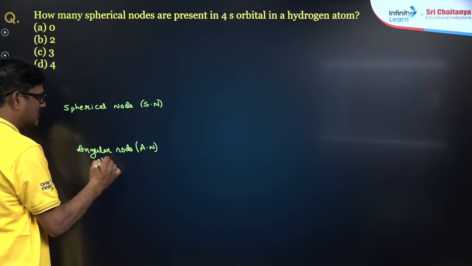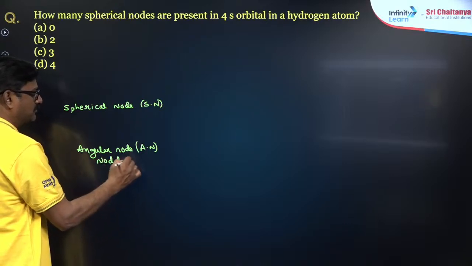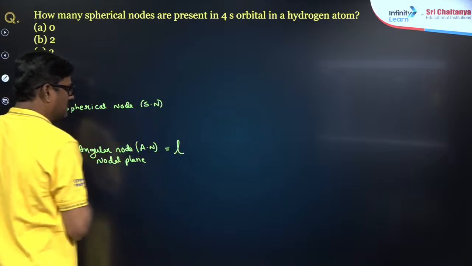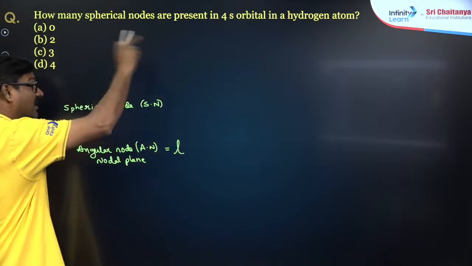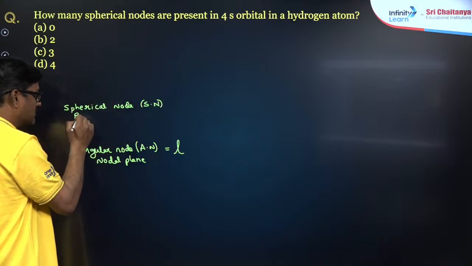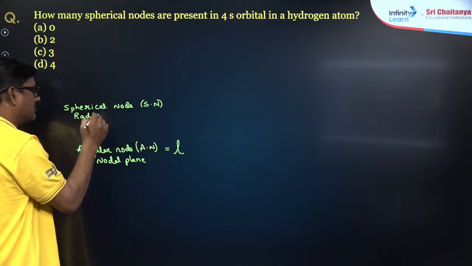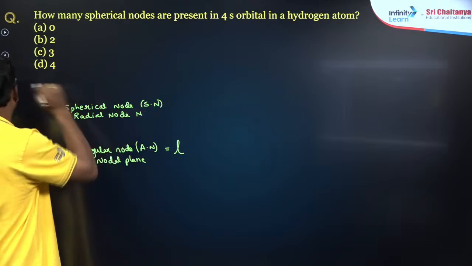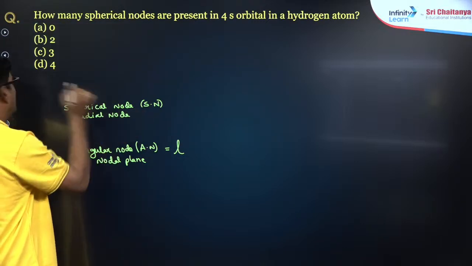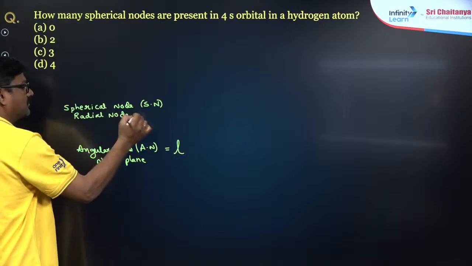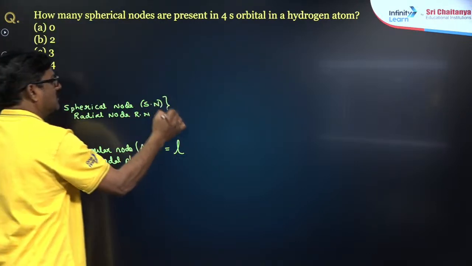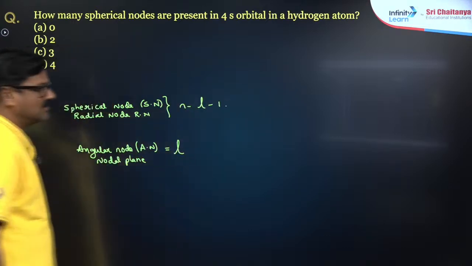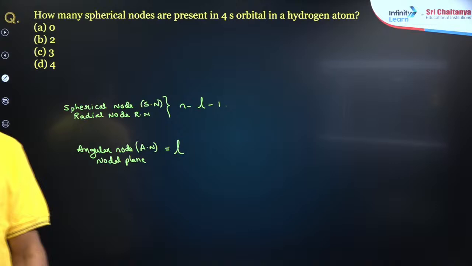The angular node is also called a nodal plane, equal to l. The spherical node is in a sphere, and it has a radius. This is also called a radial node. It has a different name, radial node, equal to n minus l minus 1. N minus l minus 1.